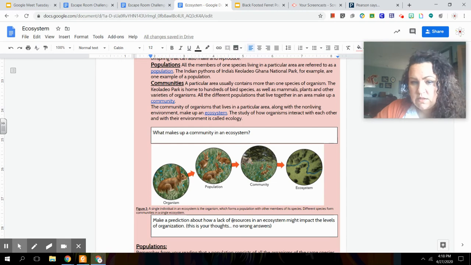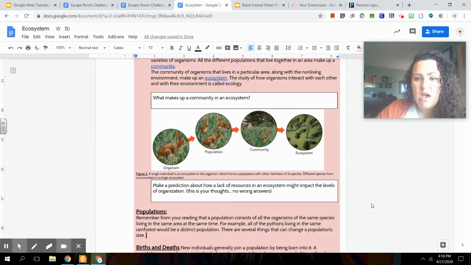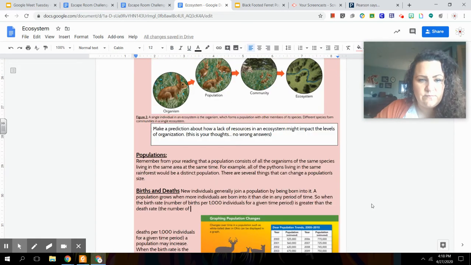If you didn't have enough of them, how would that impact these different levels? And this is your thoughts. There are no wrong answers. Don't get stuck on it thinking you need to have a perfect answer. I'm looking through for your thought processes.